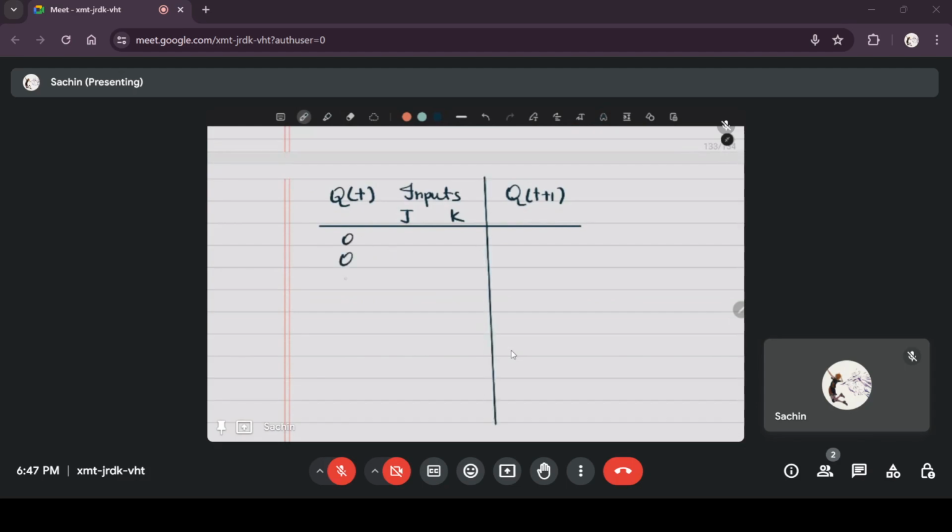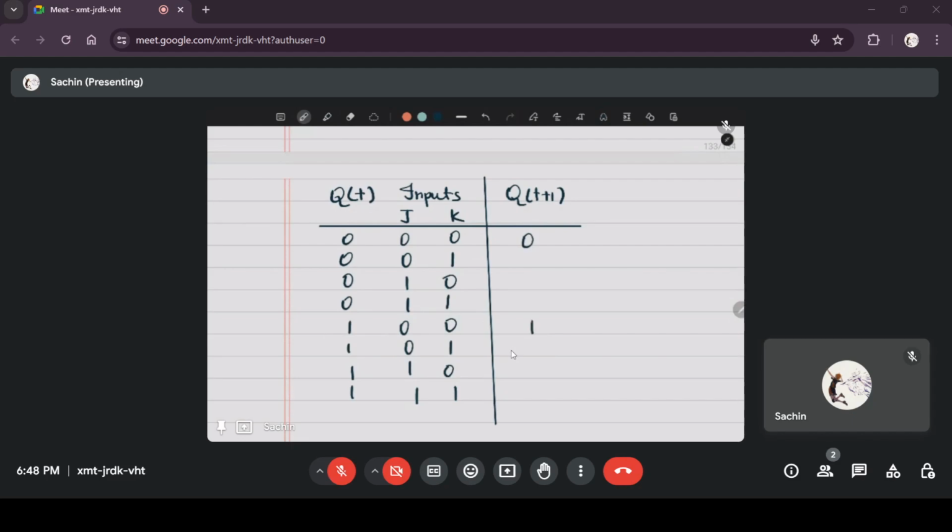The state can be either 0 or 1, present state. The inputs can be 0, 0, 0, 1, 1, 0, or 1, 1. If the inputs J and K are 0, 0, then the state is preserved as is. Q of t plus 1 is nothing but Q of t.